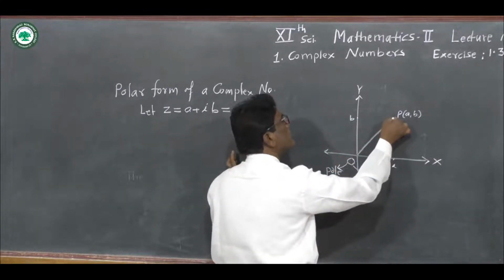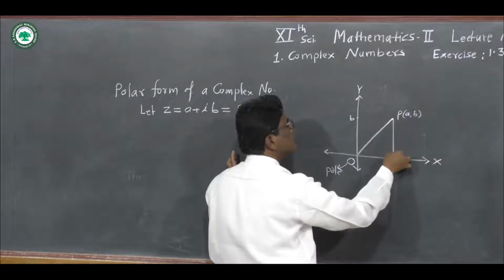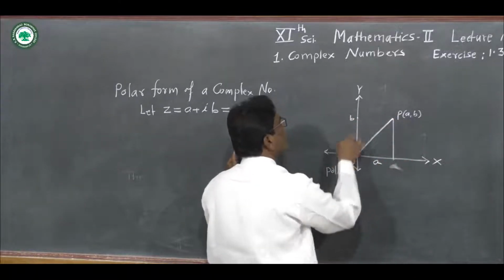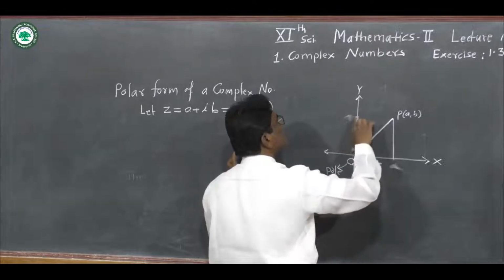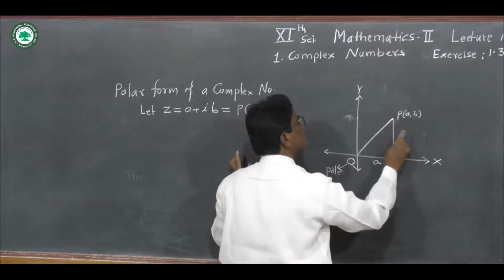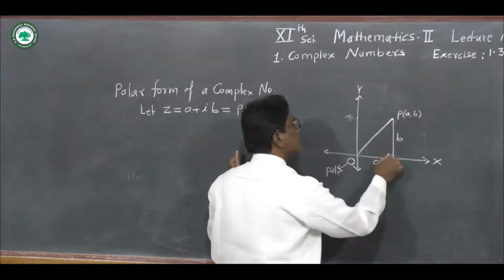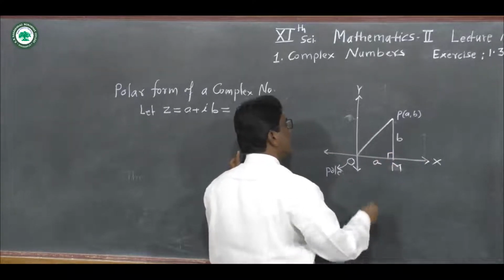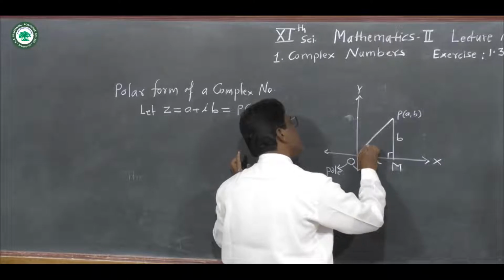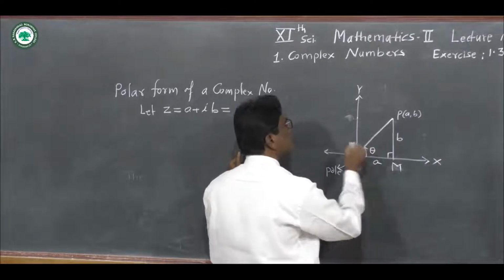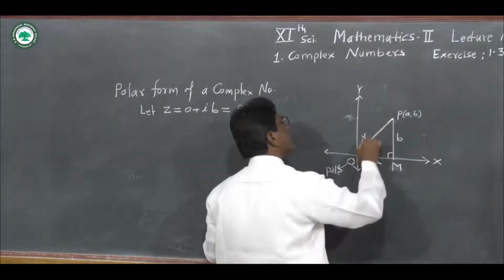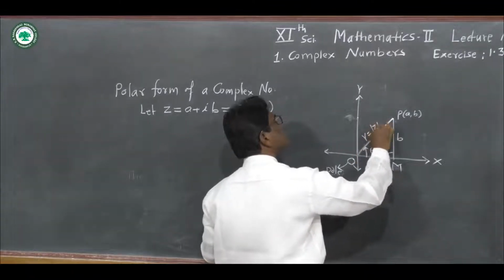Or draw a perpendicular from point P on the real axis. So this distance is a and this distance is b. Since this distance is b, this distance is also b. This angle is 90 degrees. We call this PM. And this angle is theta, it is the argument. And this distance OP, we call it r is equal to mod of z.